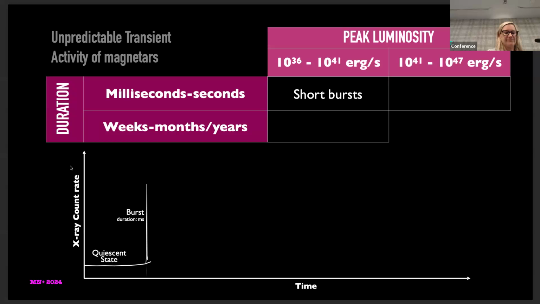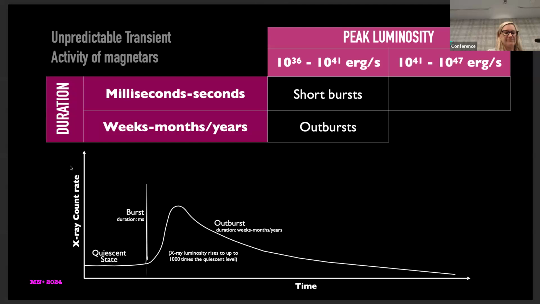So the magnetar transient activity is crucial, and it's what excites me the most, especially in the context of TDM, time domain. There are different flavors of transient activity the magnetars can have. There are short bursts, millisecond-long flashes of hard X-rays and soft gamma rays, and here you can read the energetics involved, the luminosity.